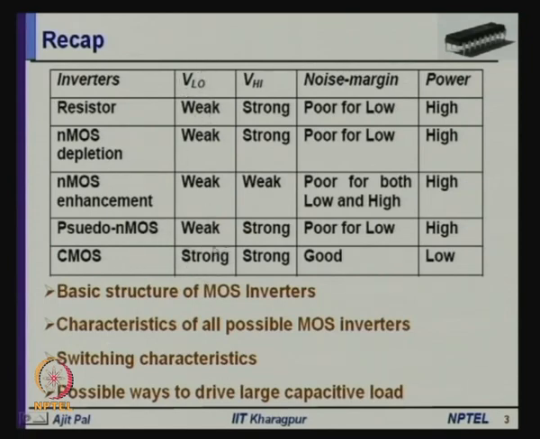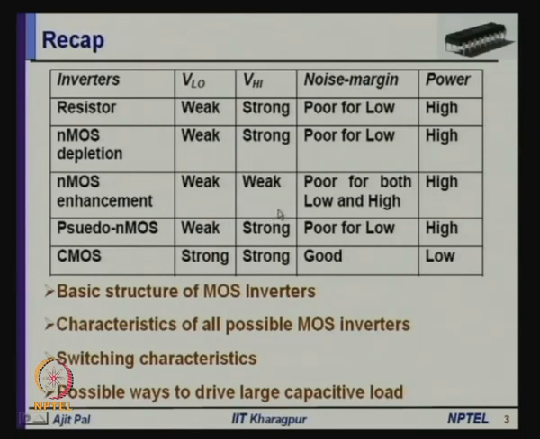And we have seen that except for CMOS where the low level is strong, for all the other cases the low level is weak, and as a consequence the noise margin will be poorer. That means the noise margin low, NML, will be poor for all these inverter configurations.